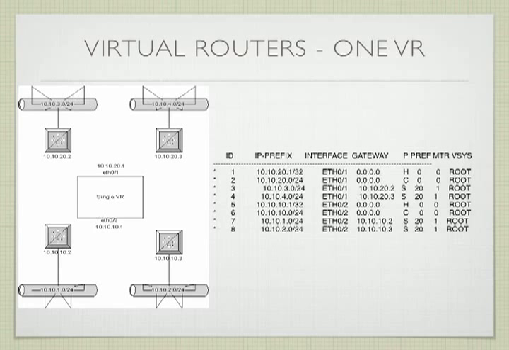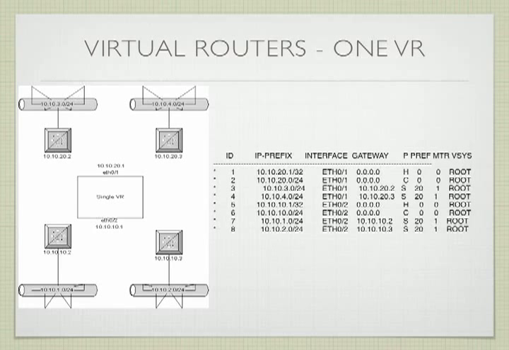In this case, everything's in the root vsys. There's only one vsys and one VR in our system for this operation. Okay, so that's what all the columns are, and that's our connected and our host route for the interface itself.